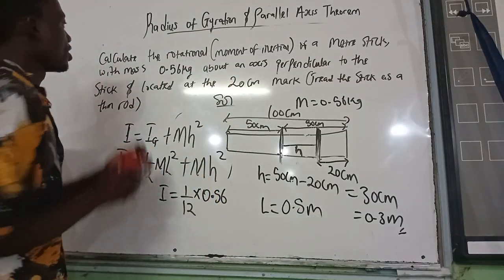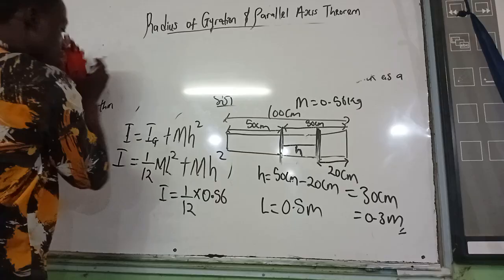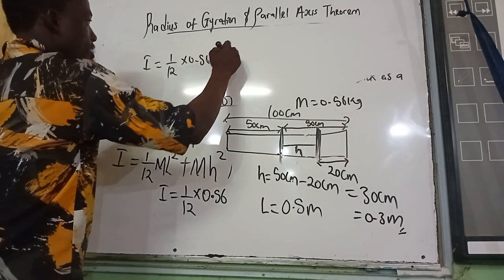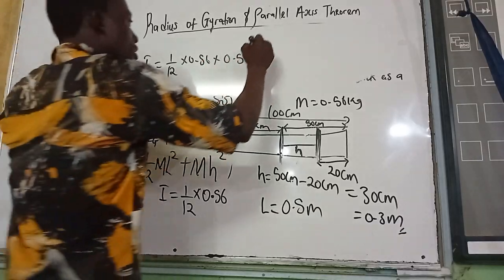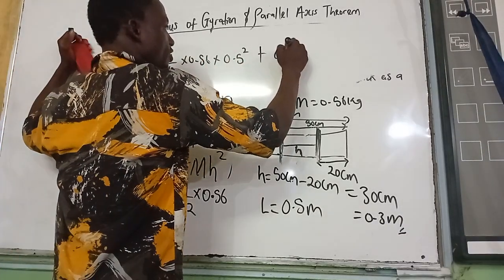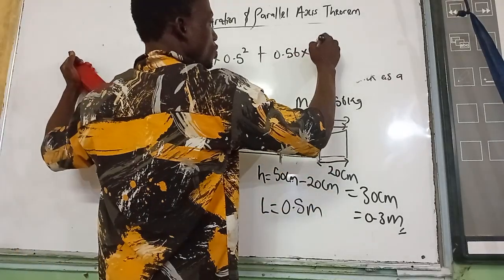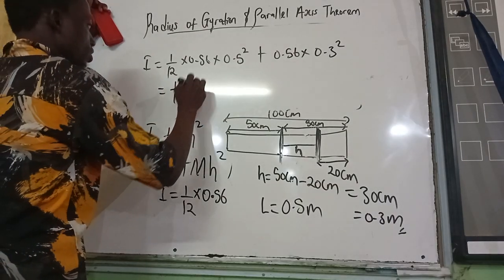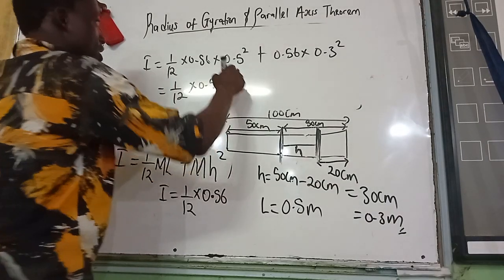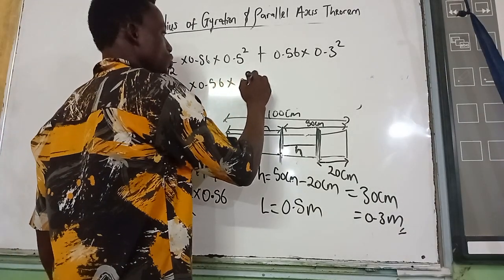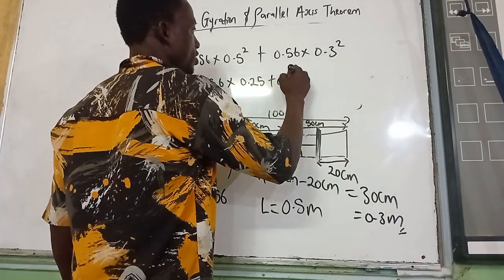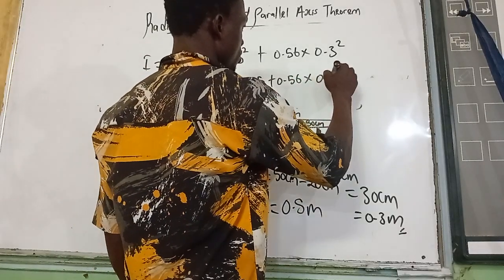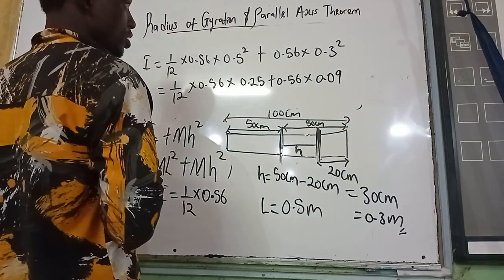So here we have I equals 1 over 12 times 0.56 times 0.5 square, L square, plus m, 0.56, times h square, 0.3 square. I hope that's clear. So this gives us 1 over 12 times 0.56 times 0.5 square, that is 0.25, plus 0.56 times 0.09. I hope I'm right.